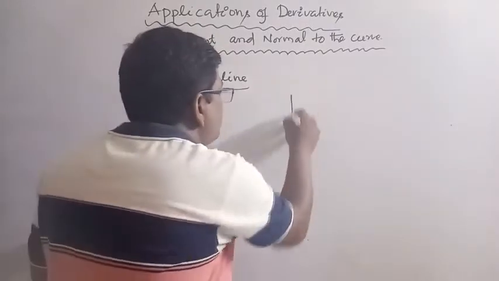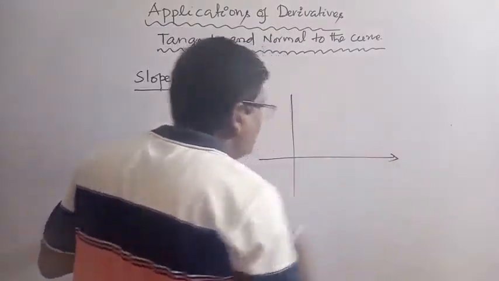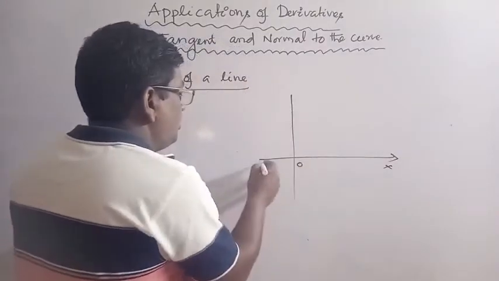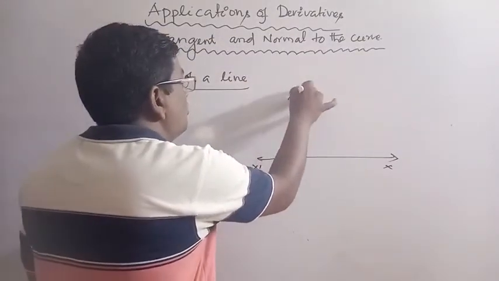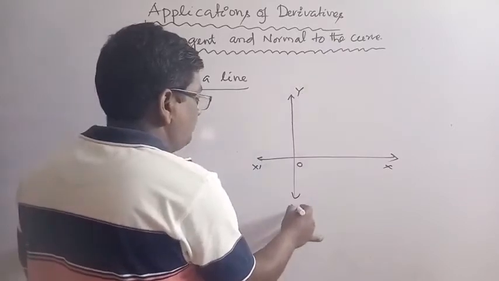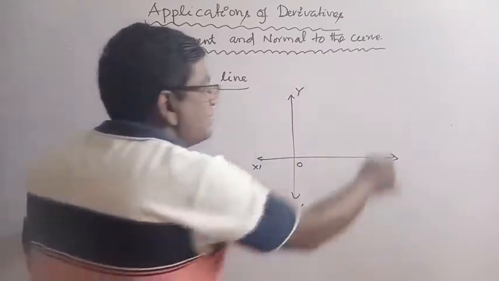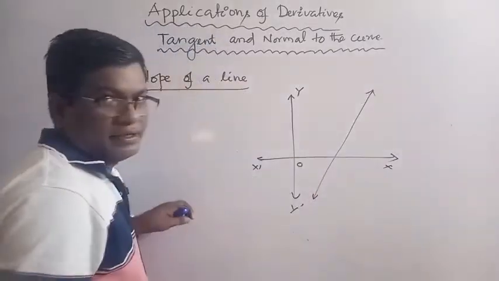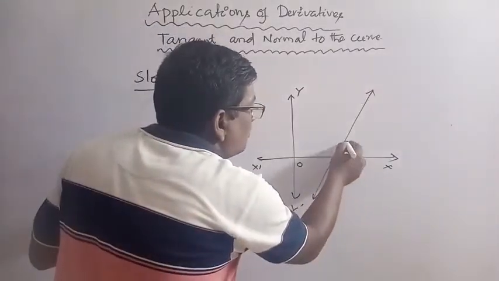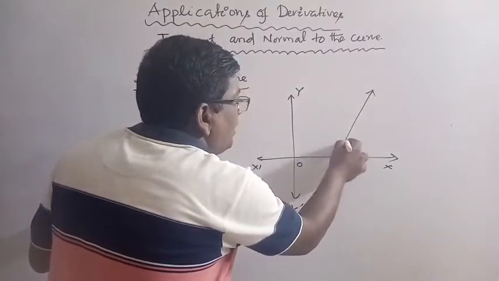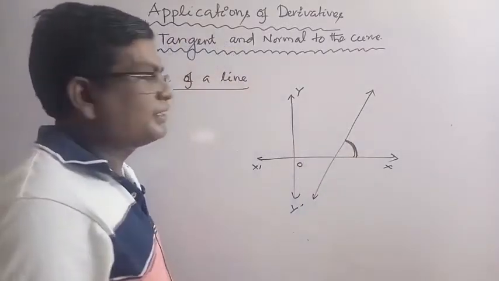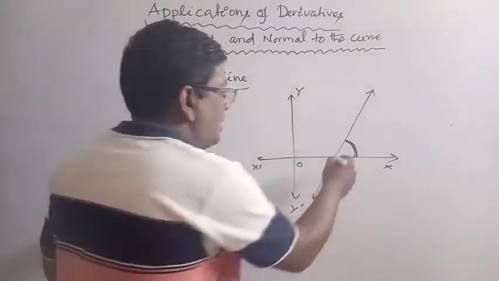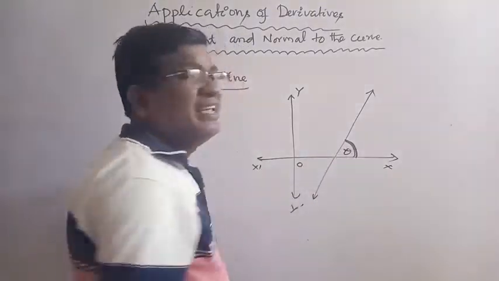Suppose this is the x-axis, and this is the y-y dash axis, and this is a straight line. This angle is called the angle between the line and the positive direction of the x-axis, suppose theta. Theta is called the inclination.